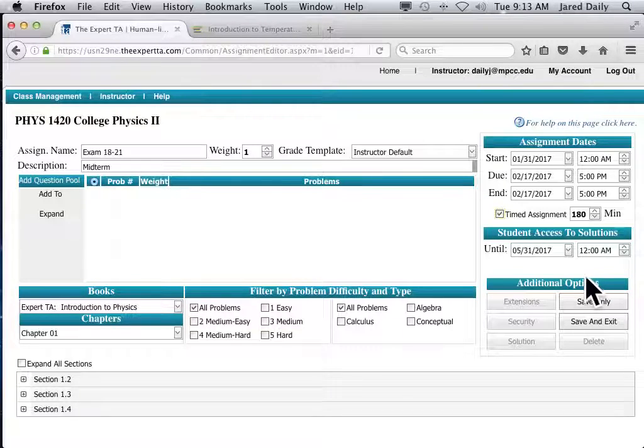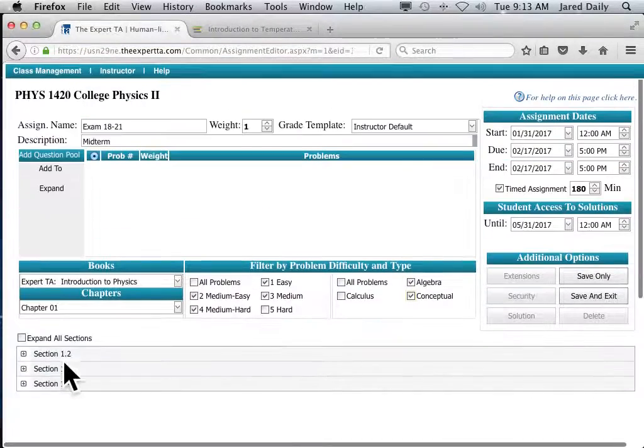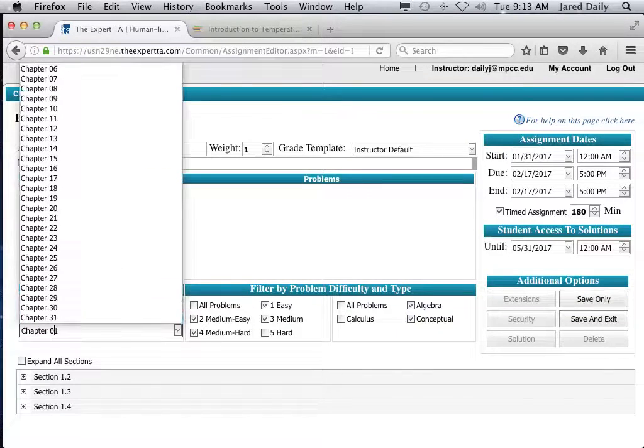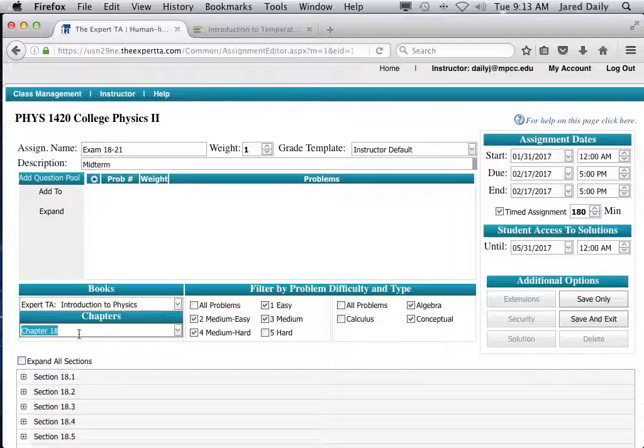And we will do, let's see. And we're doing not chapter 1, but chapter 18.